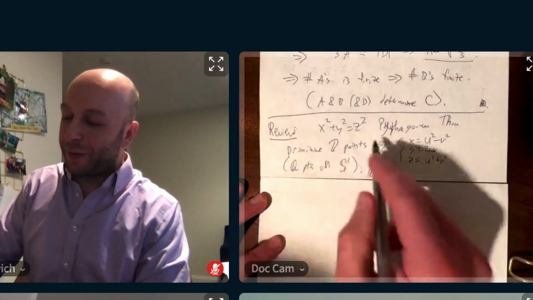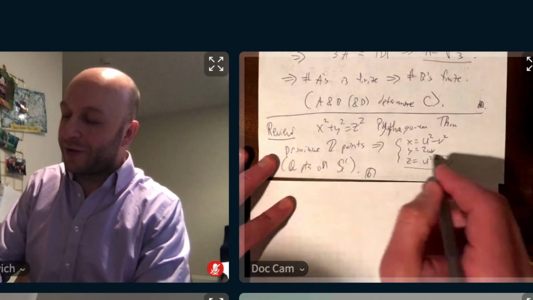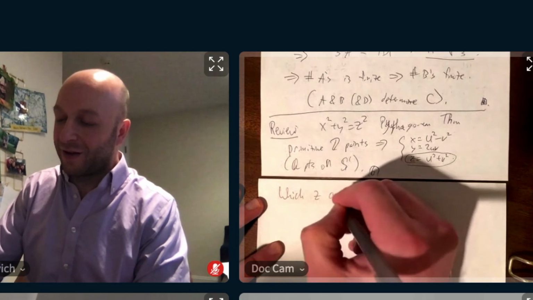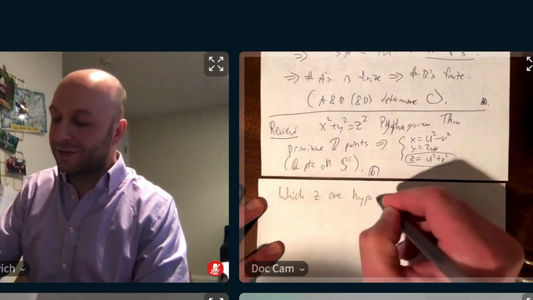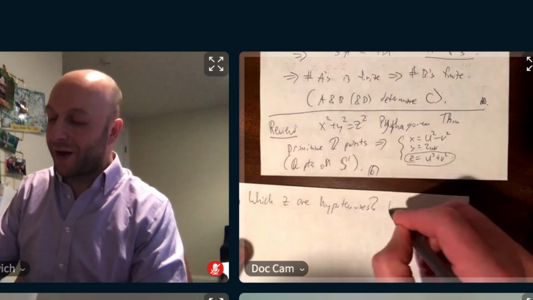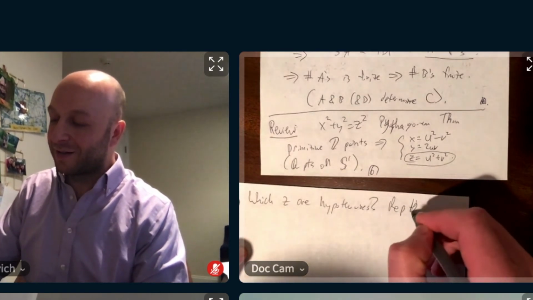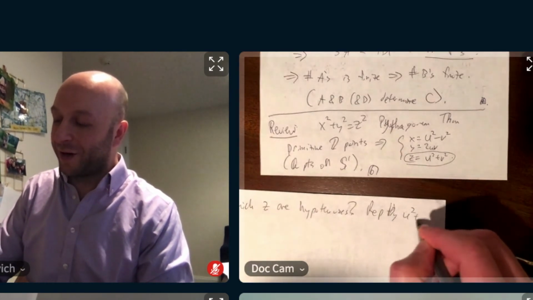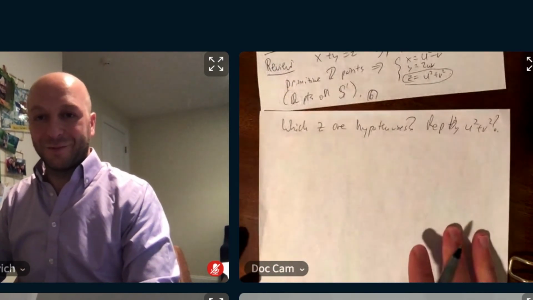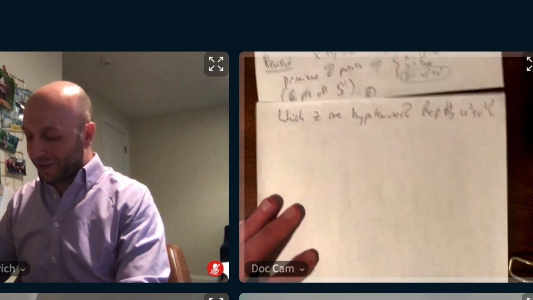From there, we started thinking about what numbers arise as hypotenuses, which z are hypotenuses, that is, represented by u squared plus v squared. So we got into sums of two squares. We figured out how to do that.